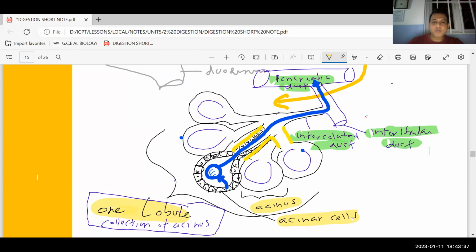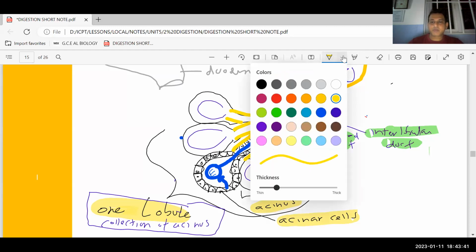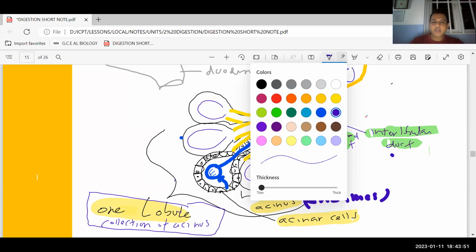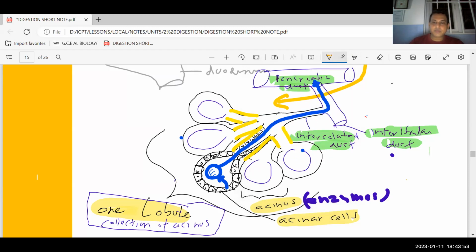They are responsible to secrete bicarbonate ions. So acinus cells make the enzymes, and this area produces bicarbonate ions.